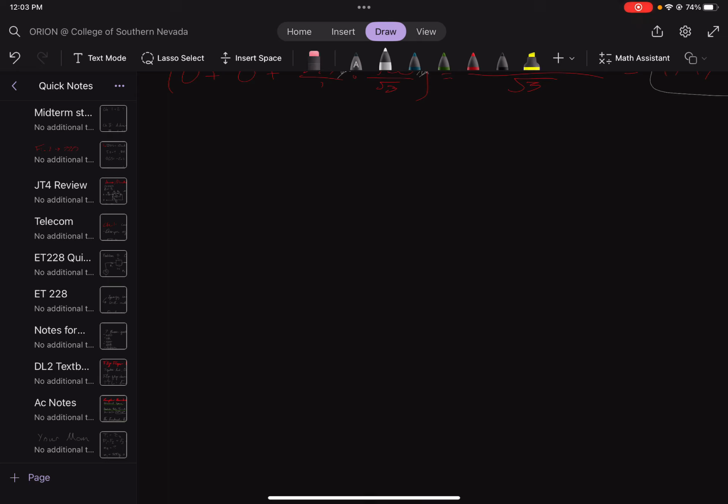It's going to be the inverse of cosine of the dot product of the two vectors over the magnitudes of the two vectors.